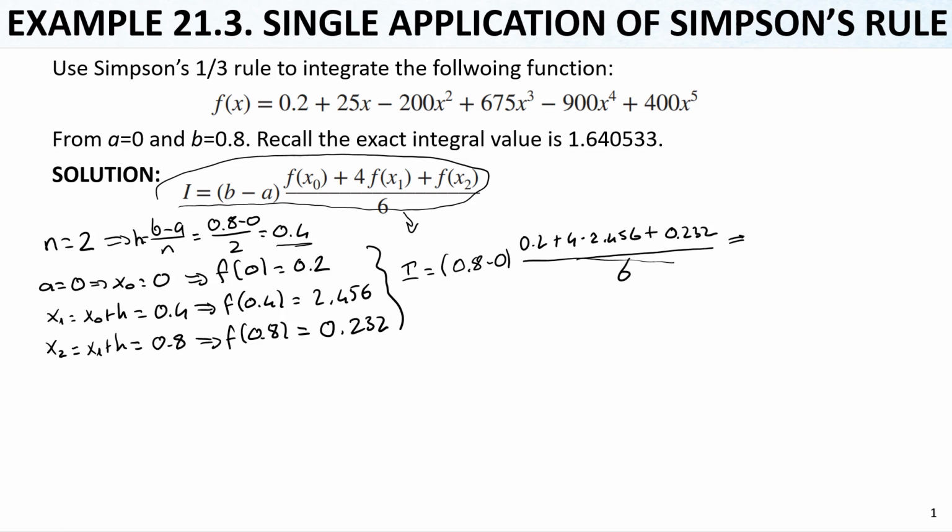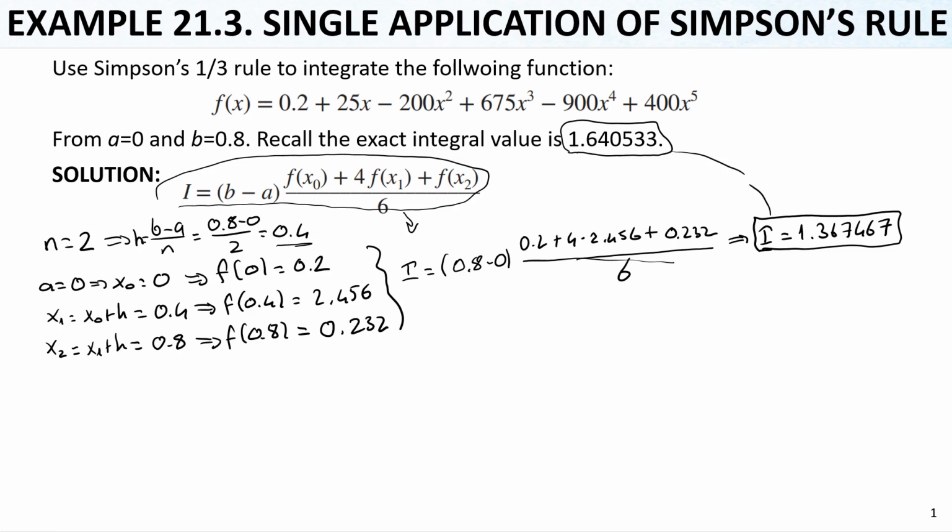From here, the integration value is 1.367467. So this is the approximated integration, and this is the true integration. You can see that we approached it very well, even though we use a single application of it. If you remember, in the trapezoidal rule, it was so far away from the actual value.